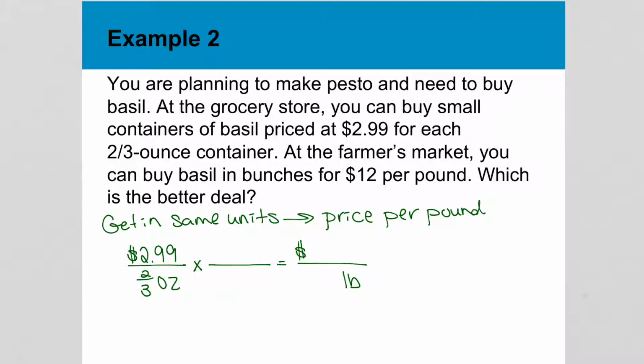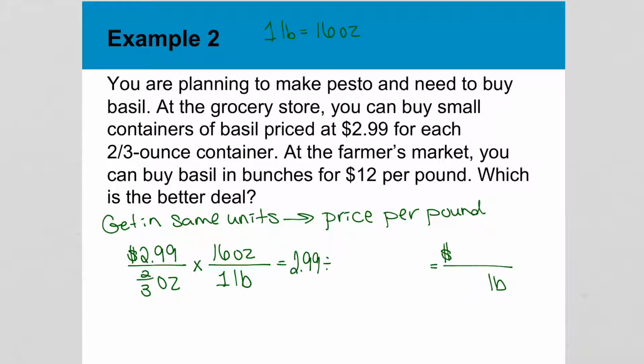Well, if you look at your conversion sheet, or you might already know this, 1 pound is equal to 16 ounces. So ounces need to go on the top and 1 pound on the bottom. Before I give you the answer, let's talk about what you'll need to do with this. So you've got $2.99.